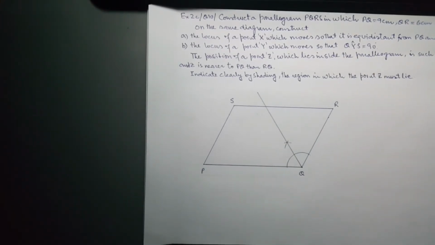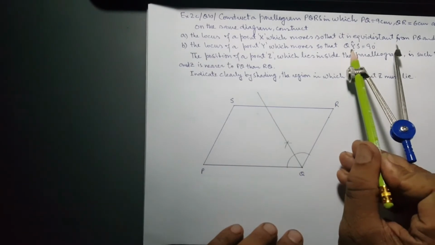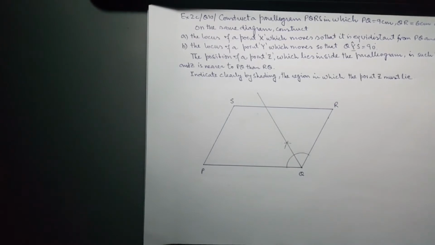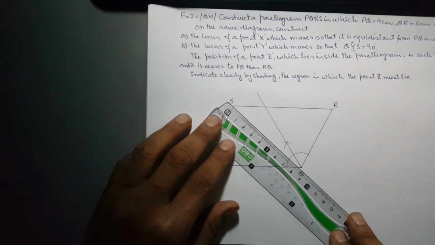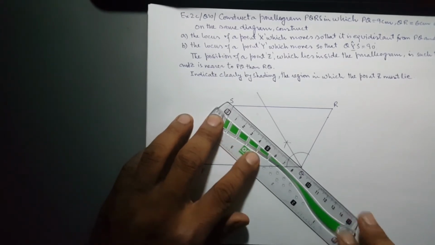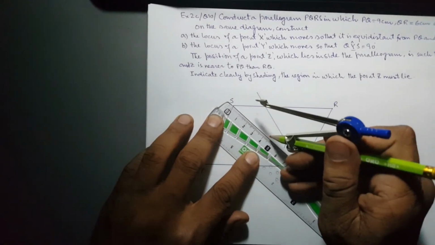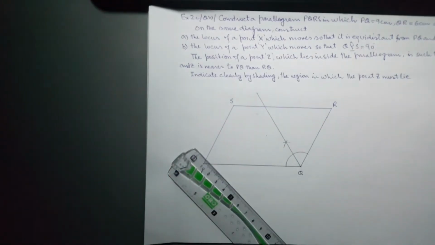The locus of a point Y, which moves so that QYS is equal to 90 degrees. Now you can see that the variable point is in between the fixed points. We will draw a circle with QS as the diameter, so we will have to find the midpoint of QS. This one is the midpoint of QS.